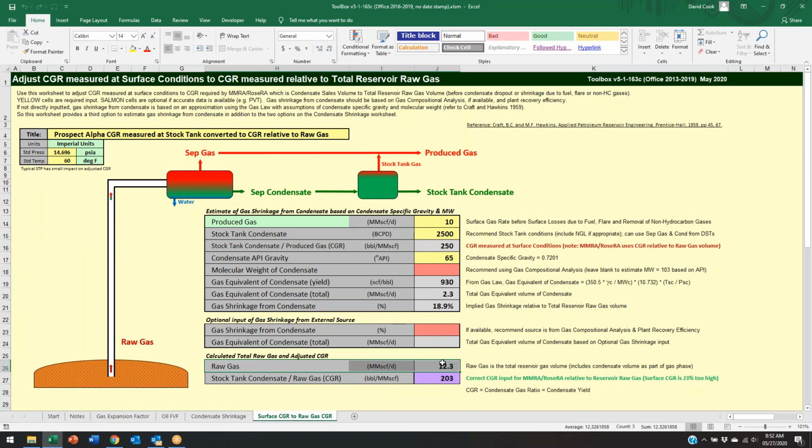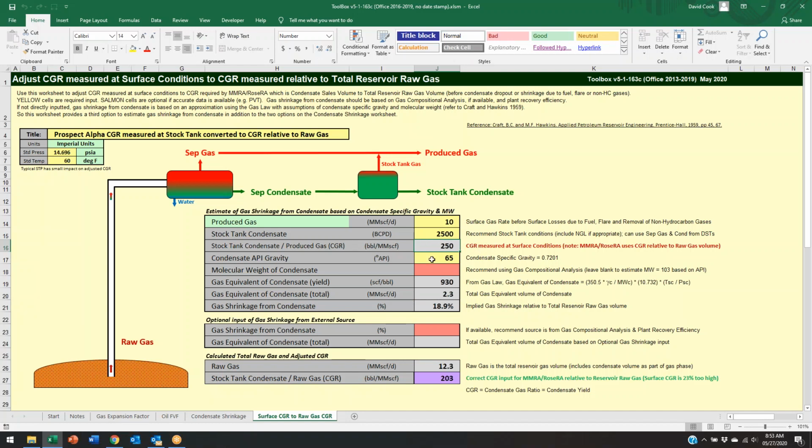And when you divide that 12 million by the 2,500 barrels of condensate, the value that should be input into the prospect analysis software is 200 instead of the simple division of 250.